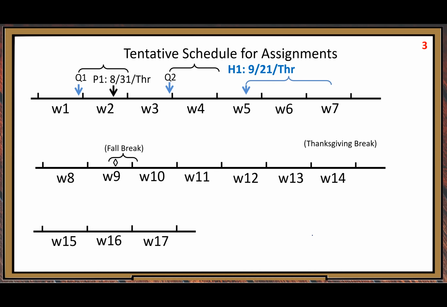Then after that, quiz number 3, also with some overlap. Some assignments may overlap. Then at this point, project 1 is due.